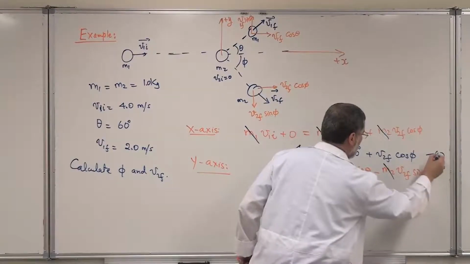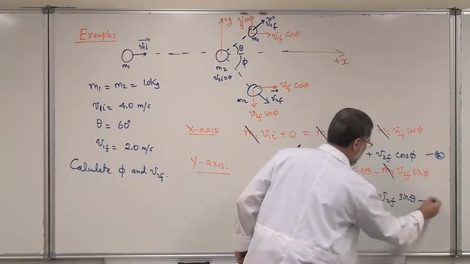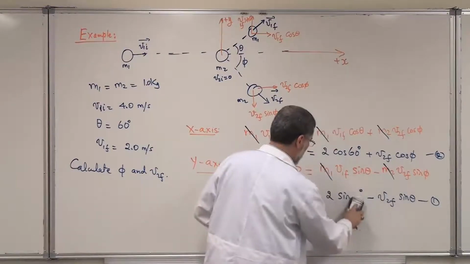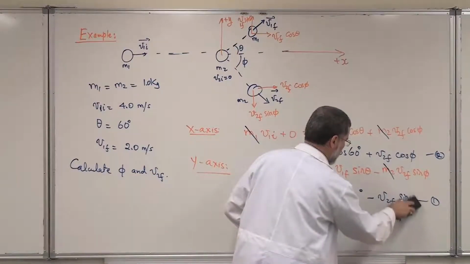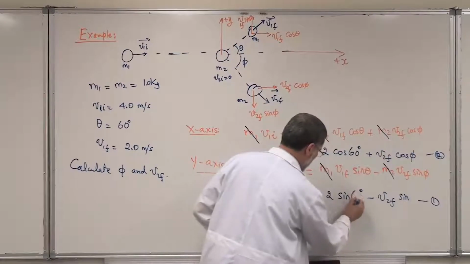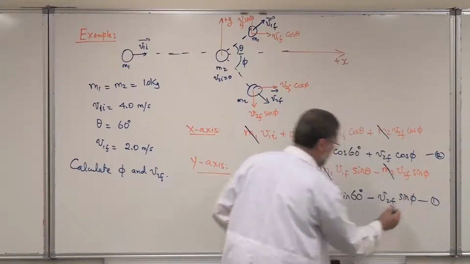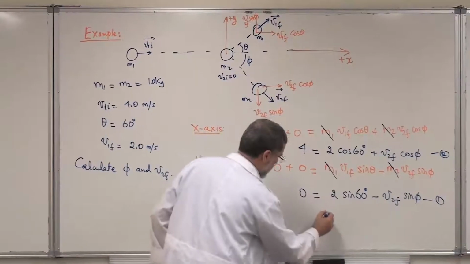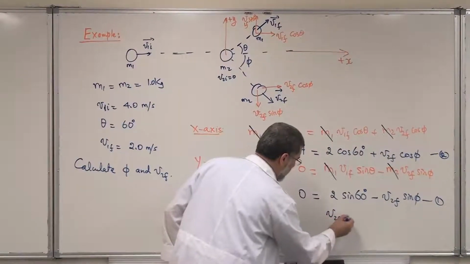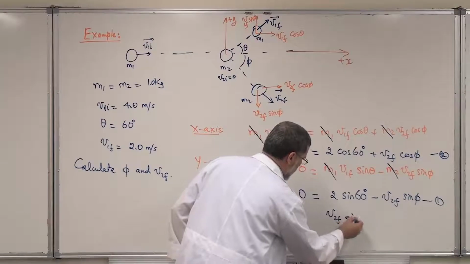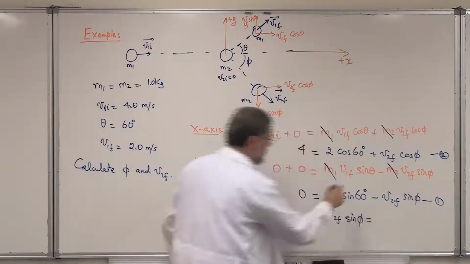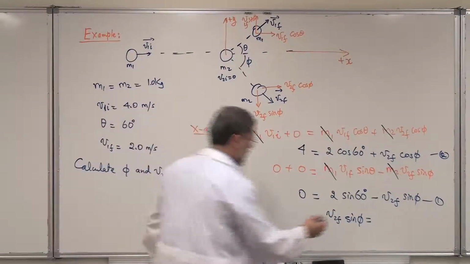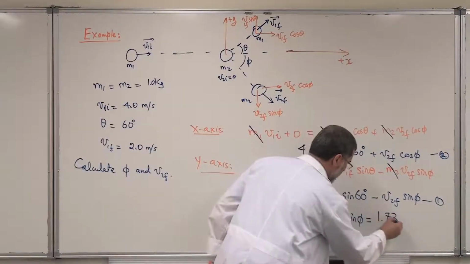This is equation number 2, and this is equation number 1. So v2 final sine phi is equal to 2 sine 60, which is 1.73.